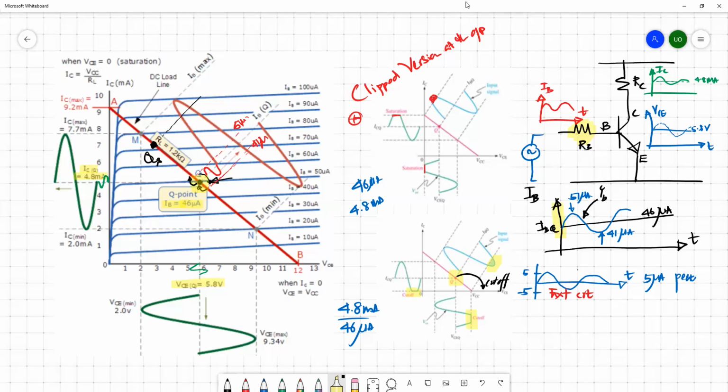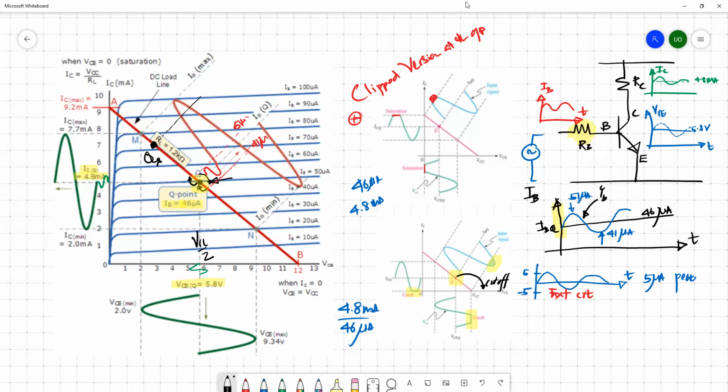So what we can simply do is place the Q point close to VCC by 2, which is the middle of this entire span. If you place your Q point close to VCC by 2, you basically have a maximum span for the cutoff direction as well as the maximum span for the saturation direction.